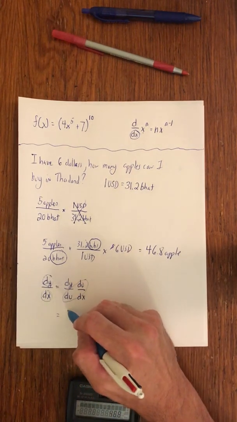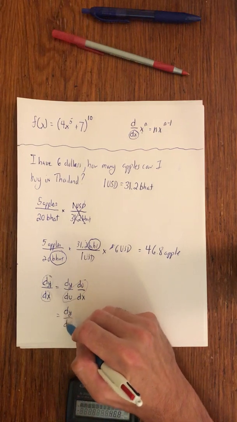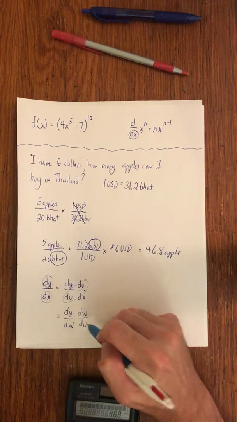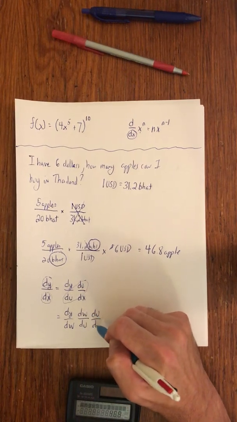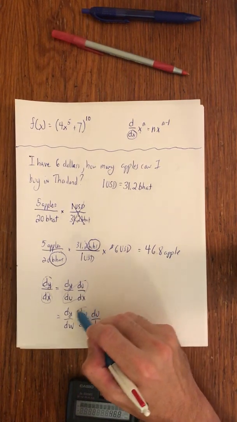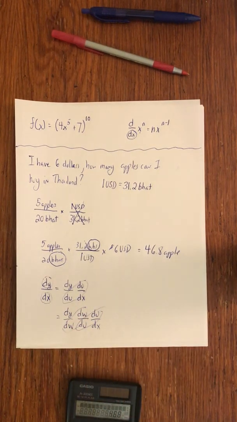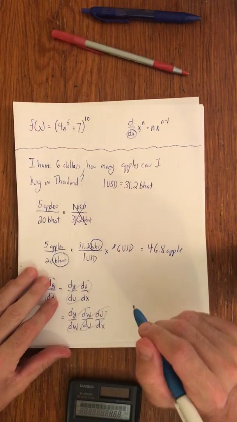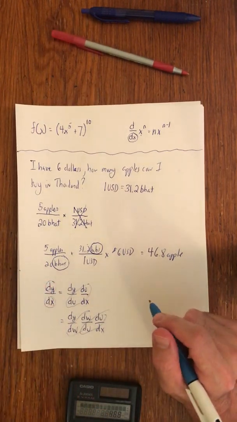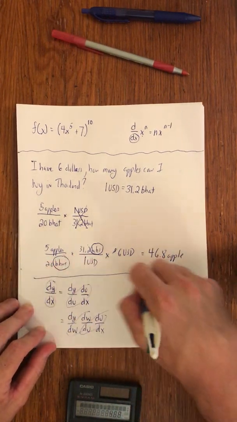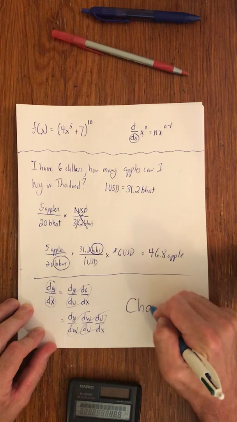I can even extend that further: dy dw, dw du, du dx, what have you, because those would cancel out, I'd be left with what I'm looking for. That's what we're going to do to solve this. Now that seems a bit of a stretch, but work with me here. So what is this? This rule is called the chain rule.